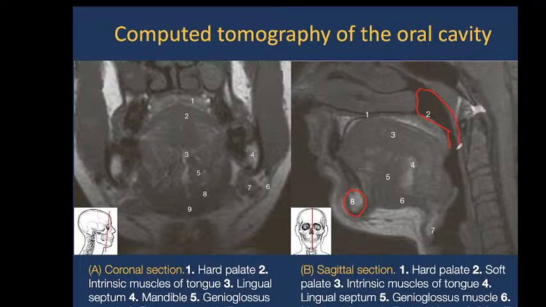Here is the oral pharynx, and you remember this is the opening from oral cavity to the pharynx called fauces here, and this is the inferior part of the pharynx called laryngopharynx.